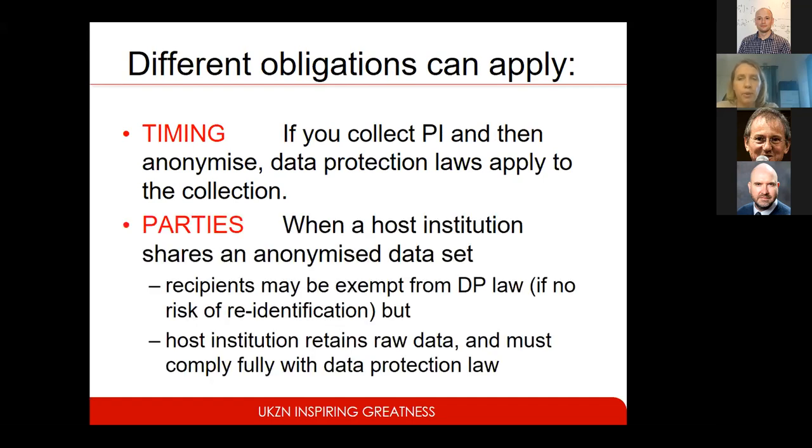Also, there may be different parties using the data. For example, when a host institution shares an anonymized data set, the recipients, so possibly a secondary study, may be exempt from data protection law if there's no risk of re-identification, but the host institution retaining the raw data must comply fully with data protection law.